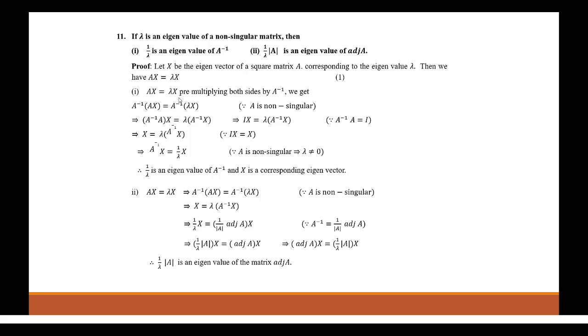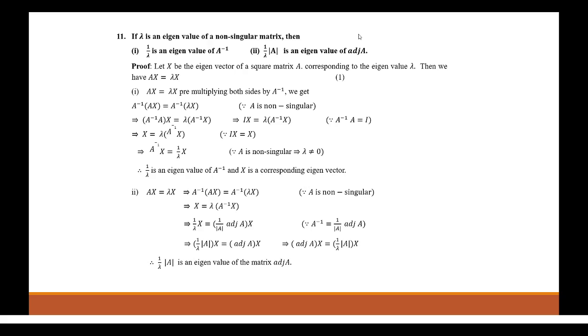For this equation, pre-multiplying both sides by A inverse, we get this equation. Here A is non-singular, so A inverse of A becomes I. Then it becomes x is equal to lambda A inverse of x. Then A inverse of x is 1 by lambda x. Therefore, 1 by lambda is an eigenvalue of A inverse and x is a corresponding eigenvector.